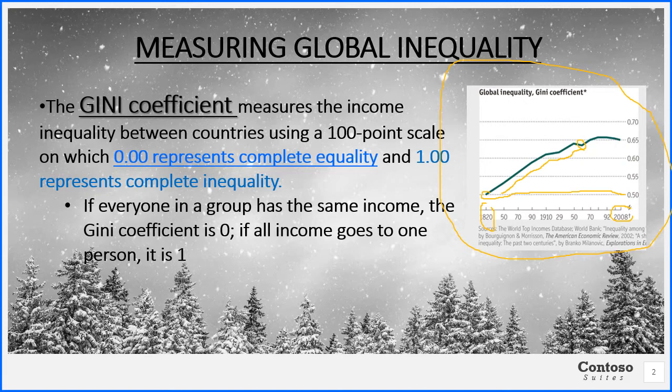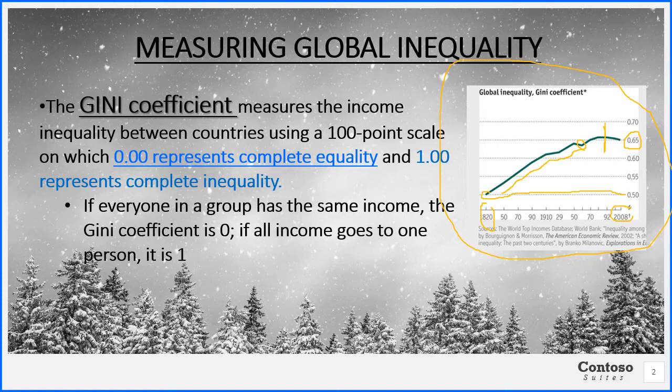But then, as you hear about a lot, things leveled off around the 90s. You see how it flattened out and even went down a little bit. But we're still around 0.65 for the Gini coefficient for global inequality. So certainly more inequality across nations than in 1820, but we'll see.